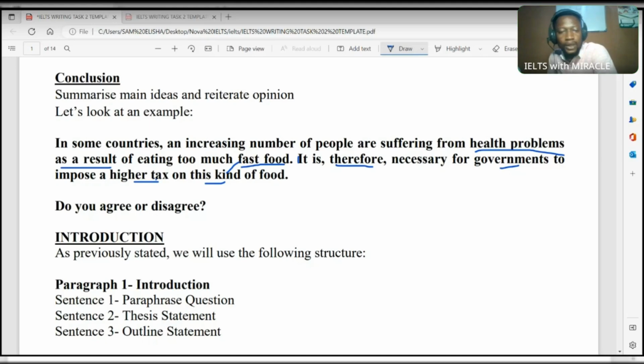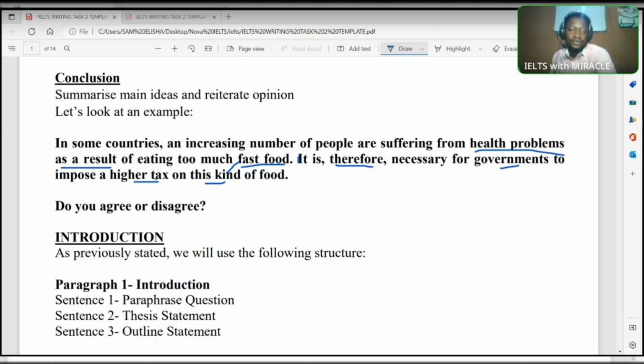Snacks and some of these kinds are cheap food, and a lot of poor people depend on this food to survive, since the normal kind of food is quite expensive in the market. So fast food comes in handy.